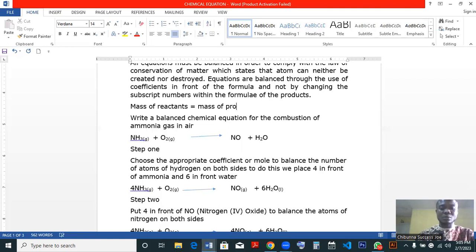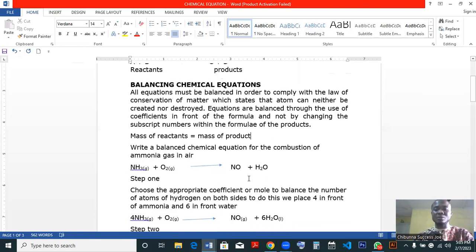Whatever you have here in terms of the number of atoms, all of them must correspond together. If you have 3 atoms here, on the right-hand side you must have 3 atoms.